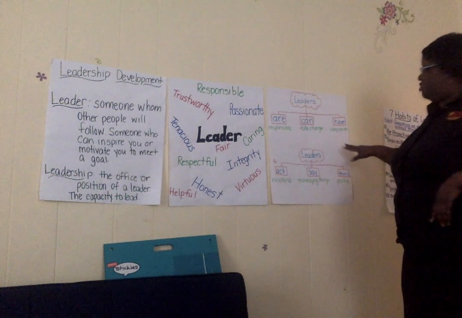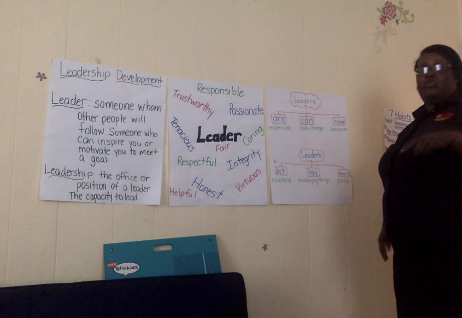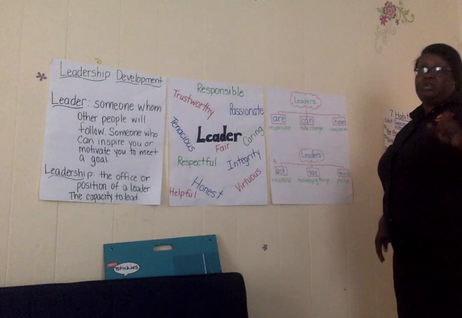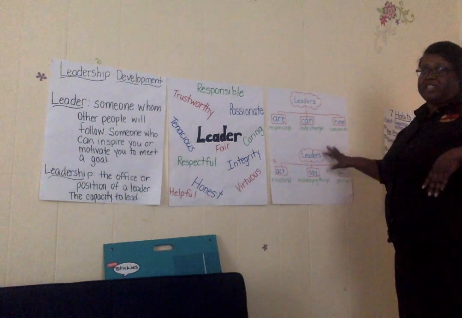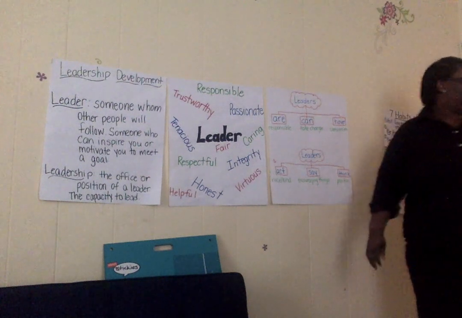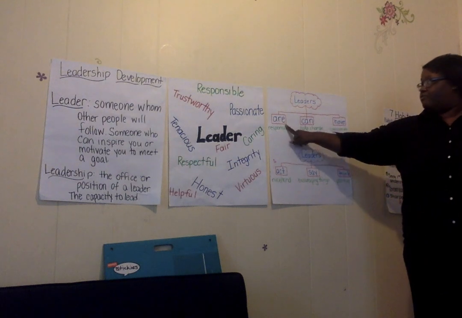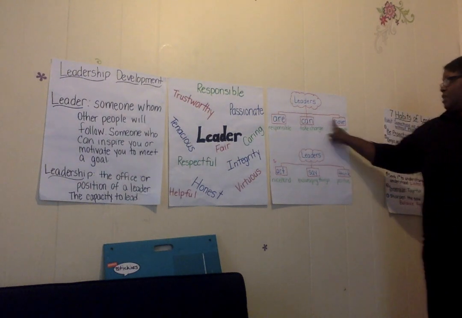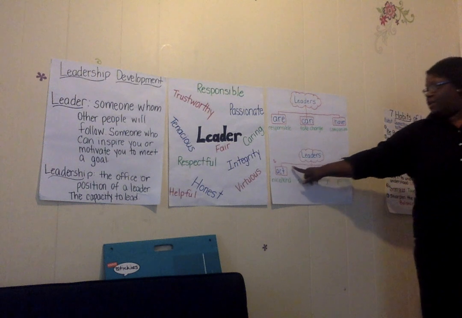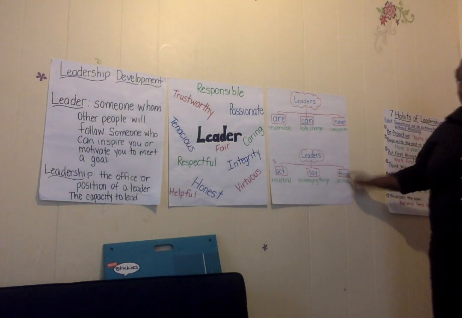And if you can't see it too good right now, then I'll make sure that it is on your checklist and in your Google Classroom, because this is the activity that you're going to be working on this week. Now, it says that leaders can, have, leaders act, leaders say, and leaders think.